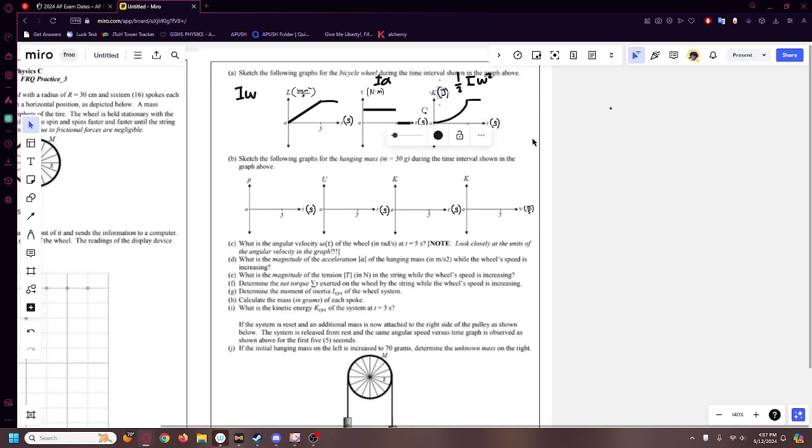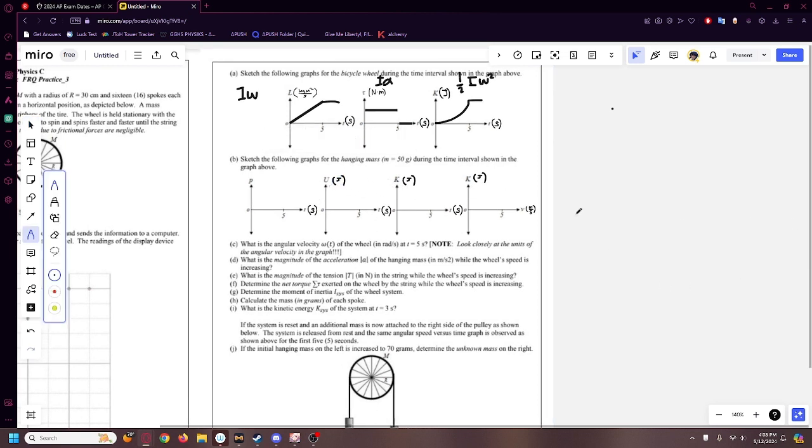Kinetic energy is in joules again. Potential energy is also in joules. And then momentum is in kilograms meters per second.